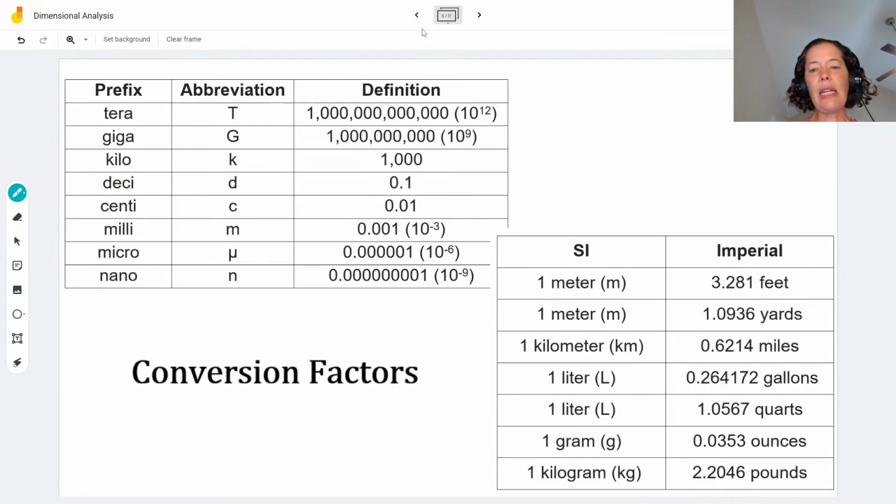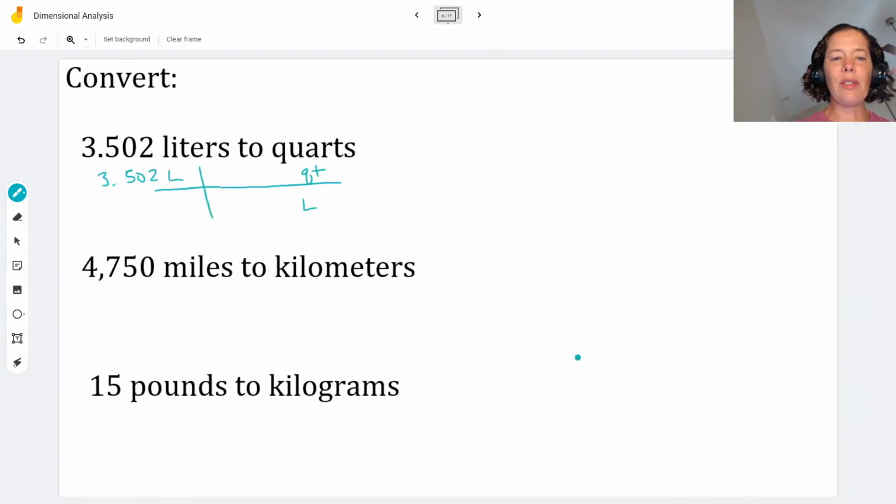All right, so I need a conversion factor. So I'm going for this table right here, and here we go. Here is my conversion factor right here. That'll take me between liters and quarts. I already have my units in, and it's 1 liter to 1.0567 quarts. Now, this conversion factor is not an exact conversion factor.